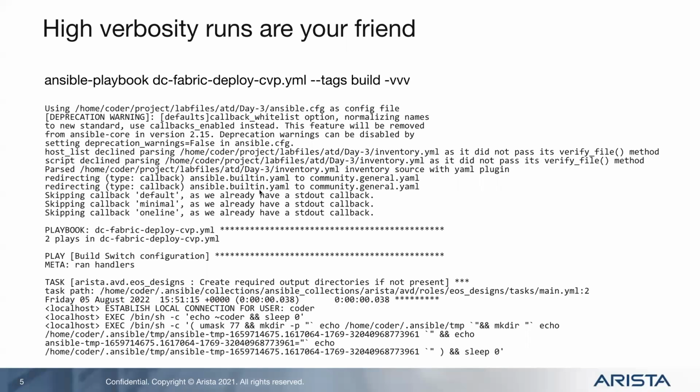So, high verbosity runs are one of my favorite things to grab when customers claim a playbook has an issue. Like you've seen by this point, Ansible commands, in this case ansible-playbook, have a number of different flags you can set. Tags you've seen before at several points, and this is fairly straightforward. The V flags are something you haven't seen in the labs before, but if you've ever used other Linux tools, it's the same concept.